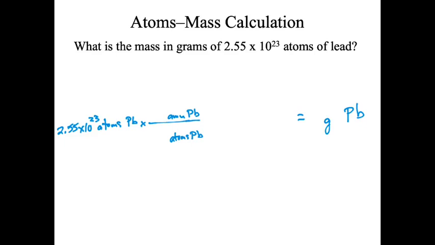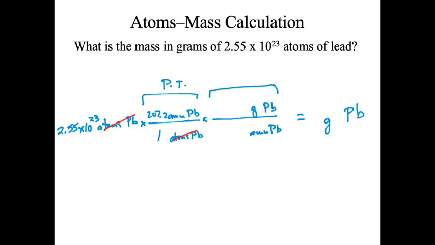Okay, where do I find that? It's on our periodic table. Okay, what would happen? Atoms cancel out. And I'd have AMUs of lead and grams of lead. Does that conversion factor exist?